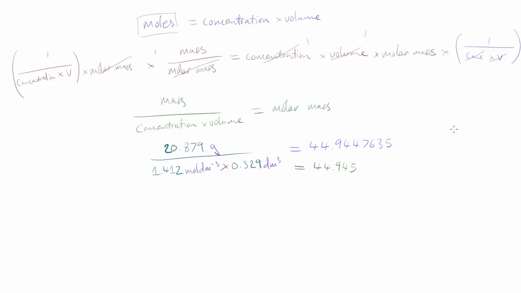Grams divided by moles per dm³ and then multiplied by dm³, from the volume.